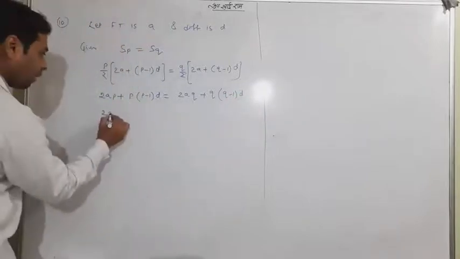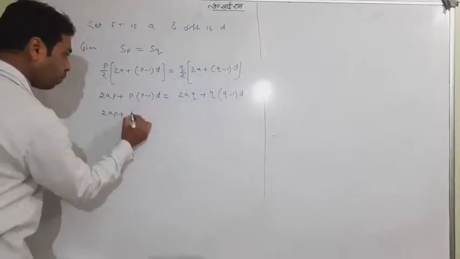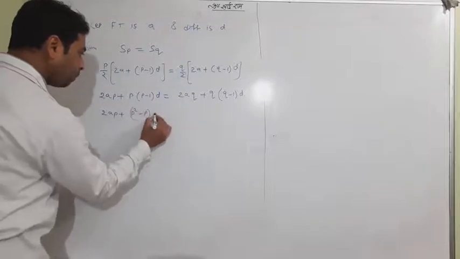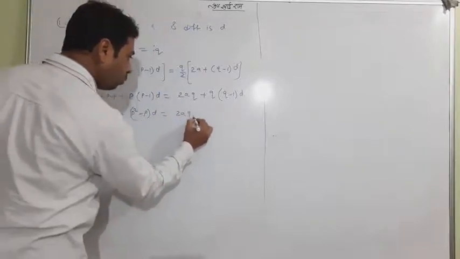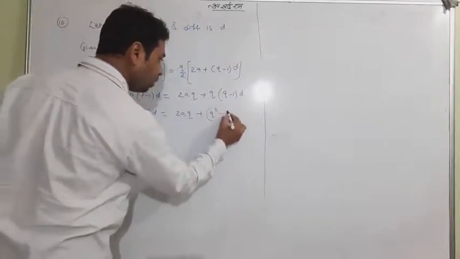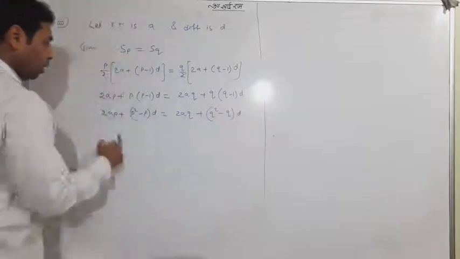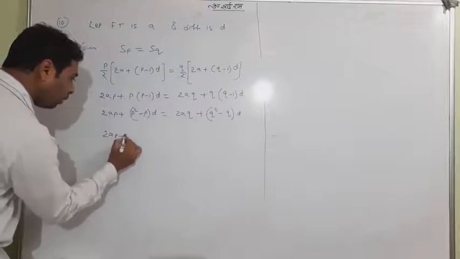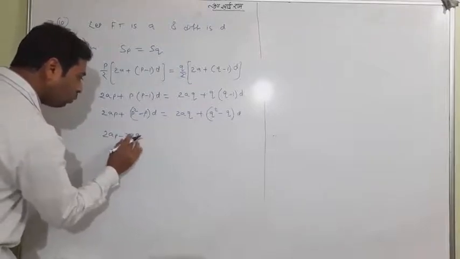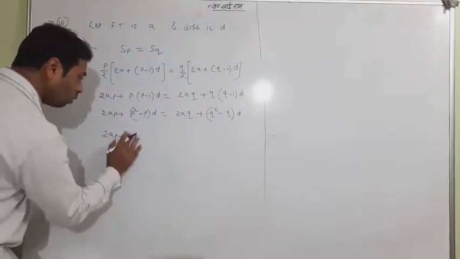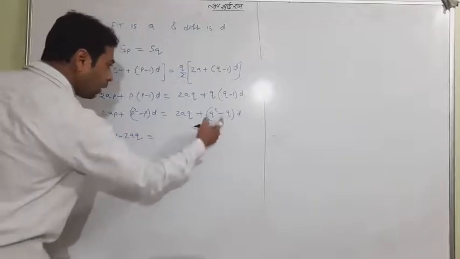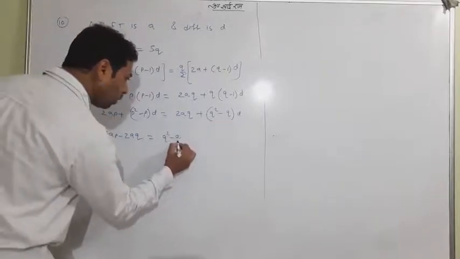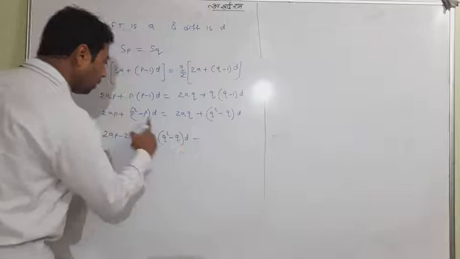Next, I multiply out: 2AP plus (P square minus P)D equals 2AQ plus (Q square minus Q)D. Now look, I transfer 2AP minus 2AQ like that, and I write (Q square minus Q)D minus this term.